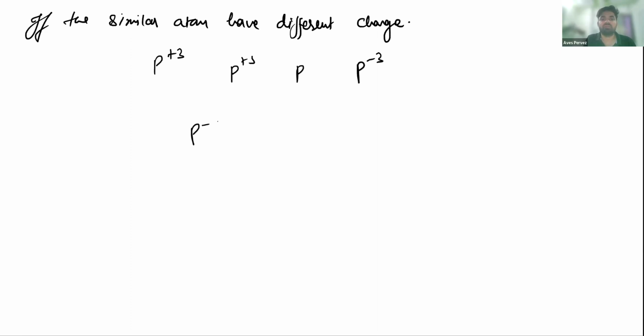If they are similar atoms with different charges, the order of this one is P minus 3 is greater than P is greater than P3 positive, and then P5 positive. Got it? This means the more the positive charge, the smaller the size. Okay.